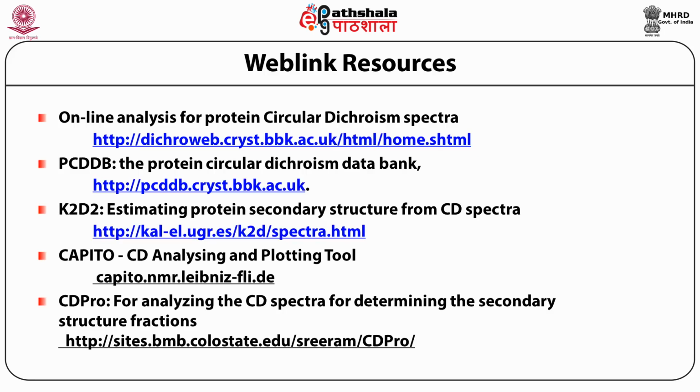Another server is the PCDDB, the Protein Circular Dichroism Data Bank, which stores the CD spectra of well-known proteins. The K2D2 server is used for estimating secondary structure from CD spectra. Another tool is CAPITO, an analyzing and plotting tool for CD spectra. And CDPro is used for analyzing CD spectra to determine the secondary structure fractions present in a protein.